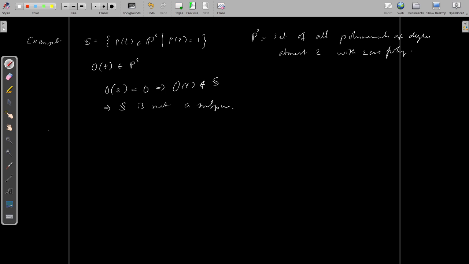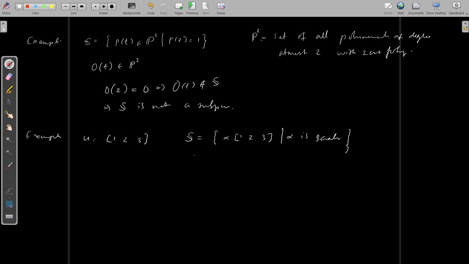Then we have another example. The next example: u is equal to (1, 2, 3), and consider the subset S of all alpha times (1, 2, 3), that is, the set of all multiples of (1, 2, 3) with alpha a scalar.